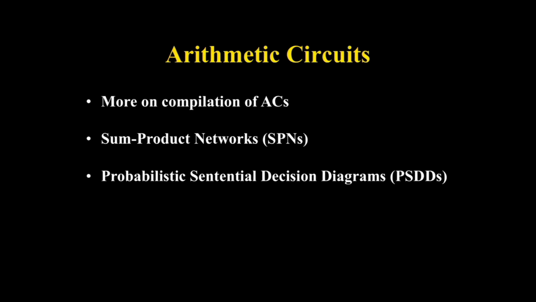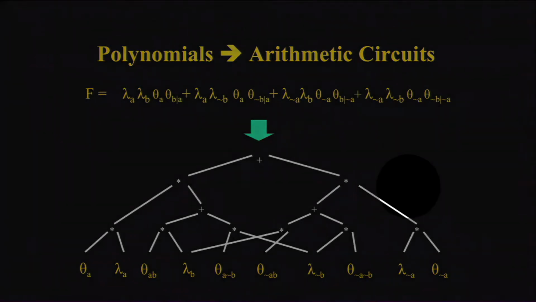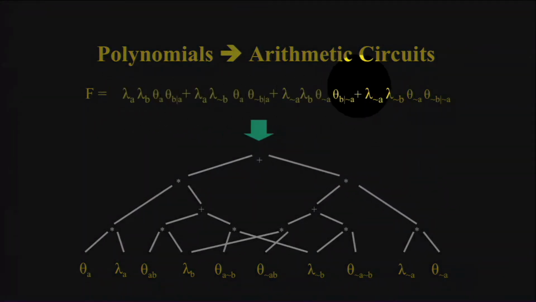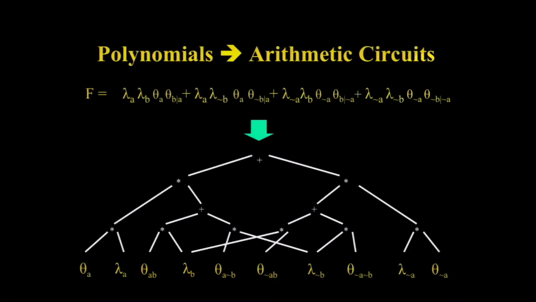Going on to item one, if you remember from last time, the idea was we have a Bayesian network. The distribution of this Bayesian network can be understood as a polynomial that looks like this. It has indicator variables, it has parameters, and as we discussed, this polynomial is exponentially sized.